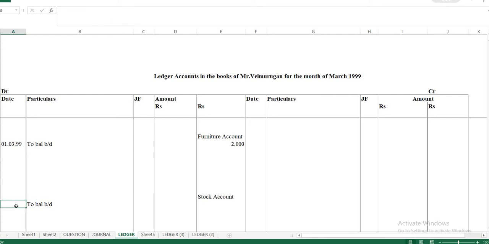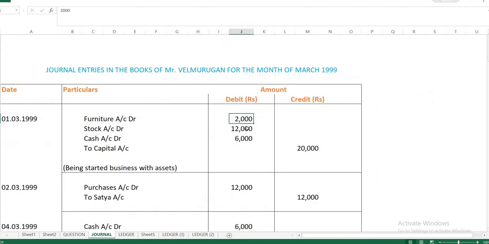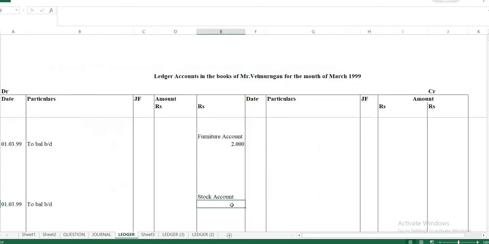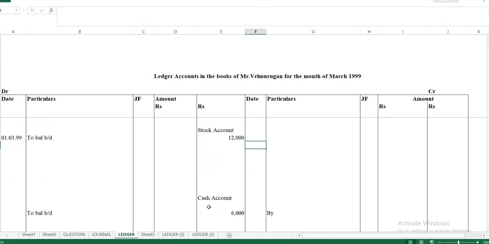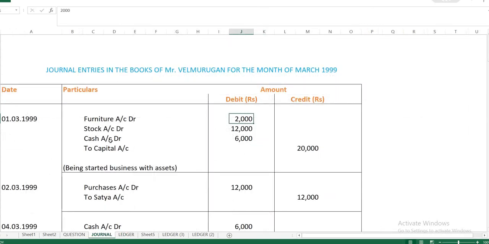Just mention the date, 1st March 1999. To balance brought down, with what amount has stock been started with? 12,000. The 12,000 amount has to be given over here. So like this, any other thing happened?